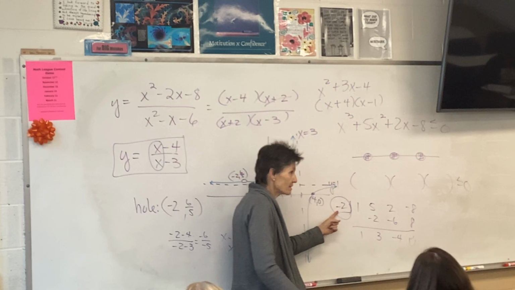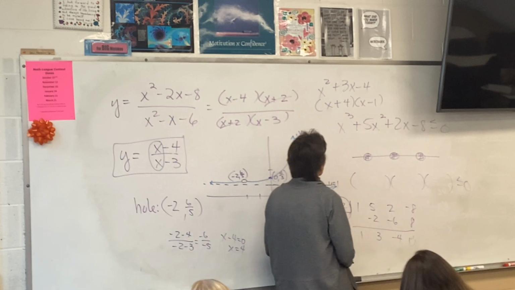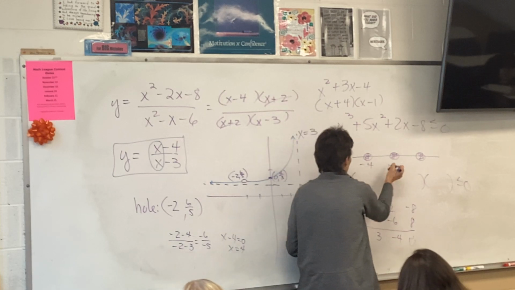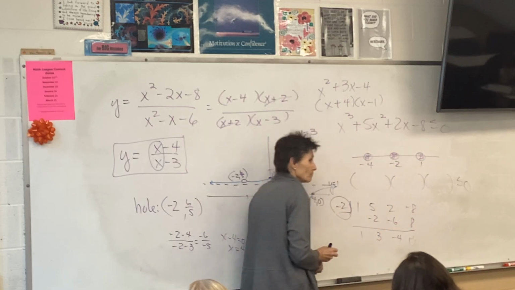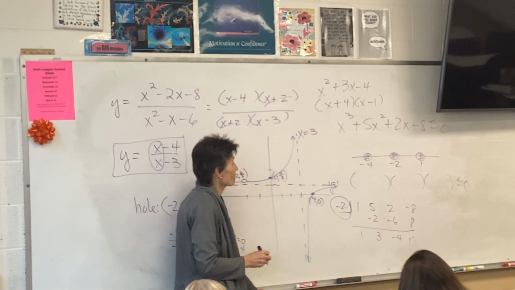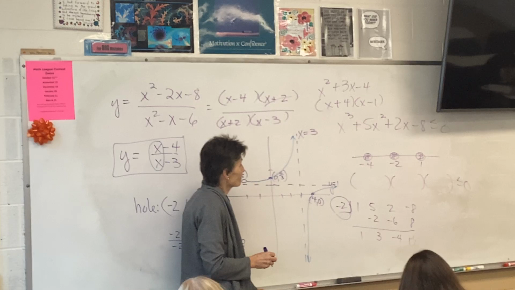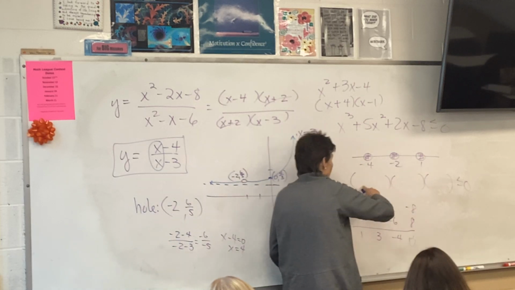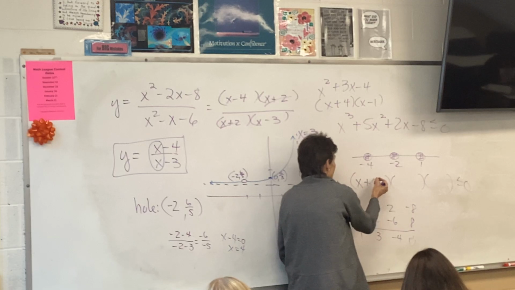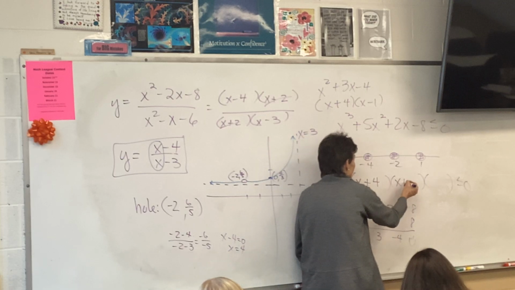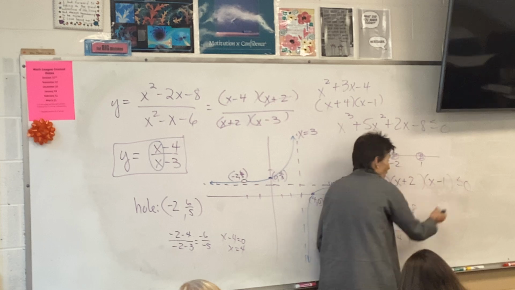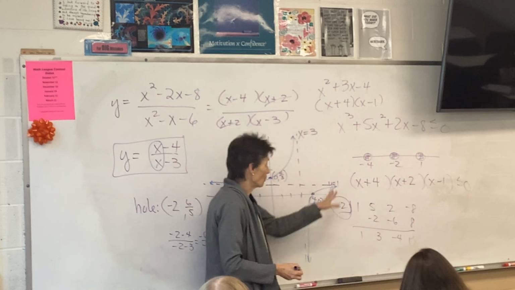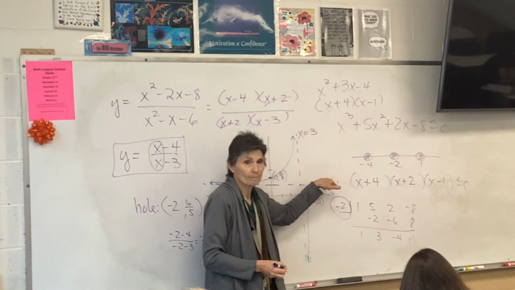No, that's a dot. So, where are they? Negative 4, negative 2, and 1. What are my factors then? I need all 3 of them here. X plus 4, x plus 2, x minus 1. Order doesn't matter. Any order.